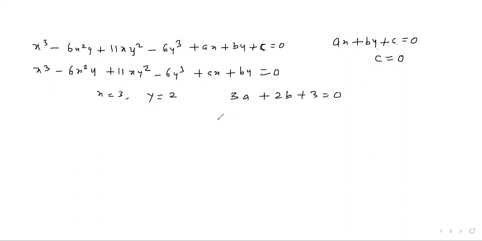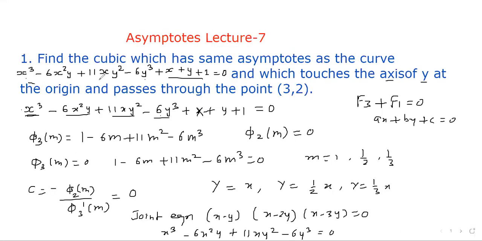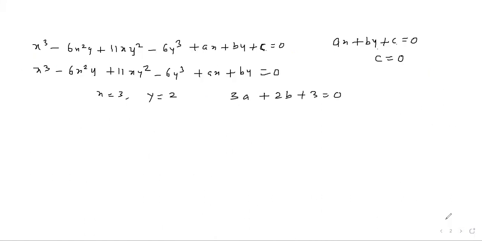Now, one more condition is given in our question. The condition is that it touches the axis of y at the origin. It means x equal to 0 is the tangent.